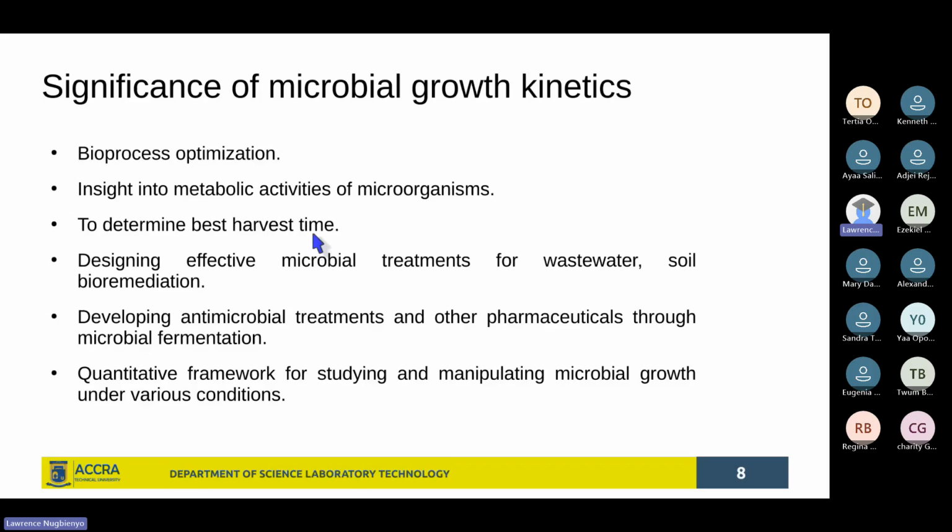At that point, you should be harvesting so that you don't have the system getting contaminated with a lot of dead cells and toxic substances like the metabolites that are going to be produced in the dead phase.